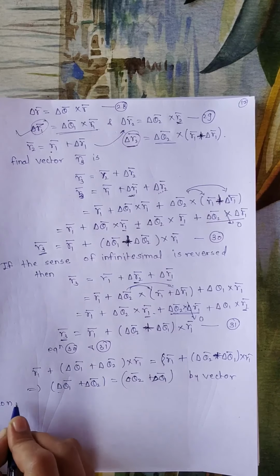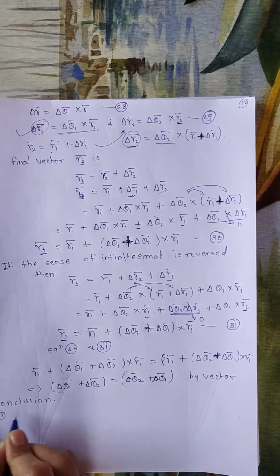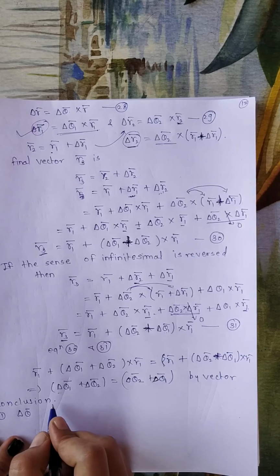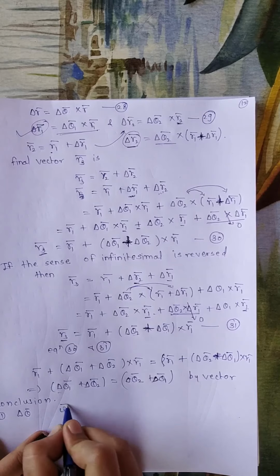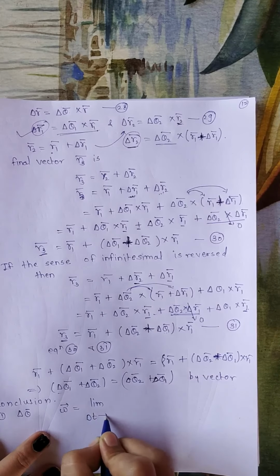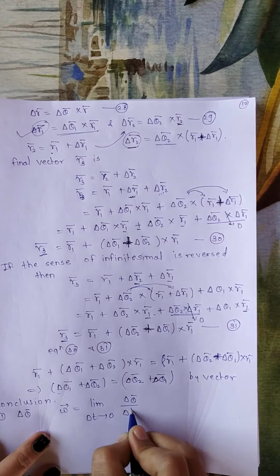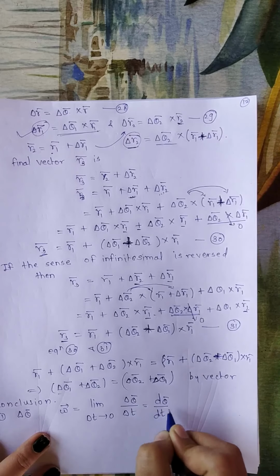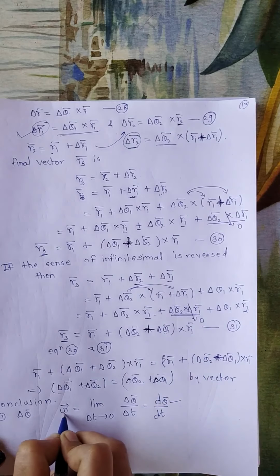So the first conclusion is, if our delta theta is now a vector, then angular velocity is also a vector quantity, because the definition of angular velocity is omega bar equals the limit as delta t tends to 0 of delta theta bar upon delta t, and this is nothing but d theta upon dt. Since theta is a vector, this angular velocity is also a vector quantity.